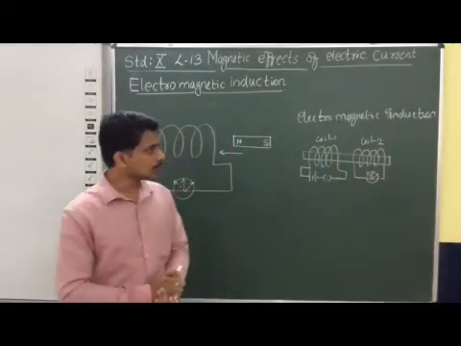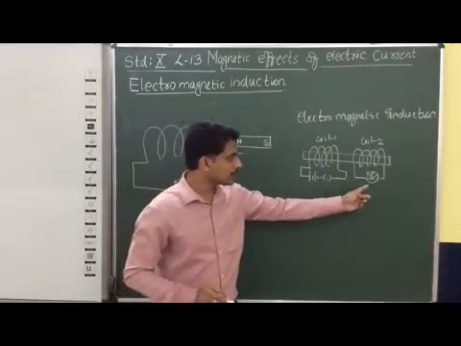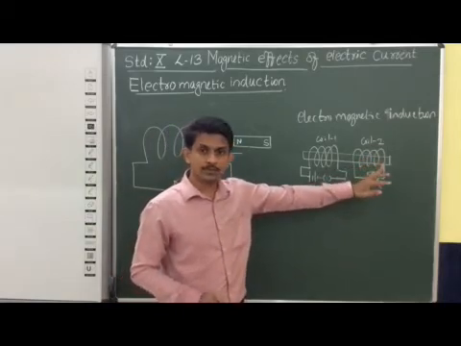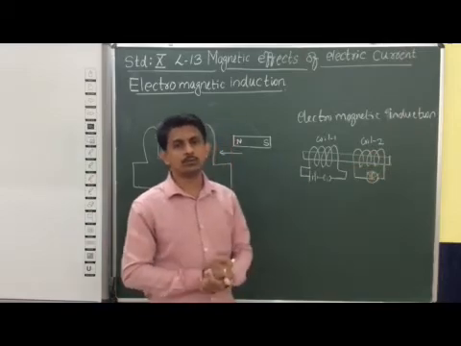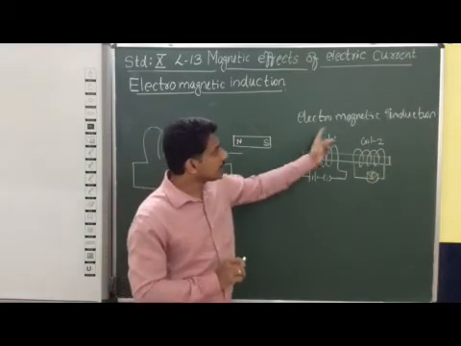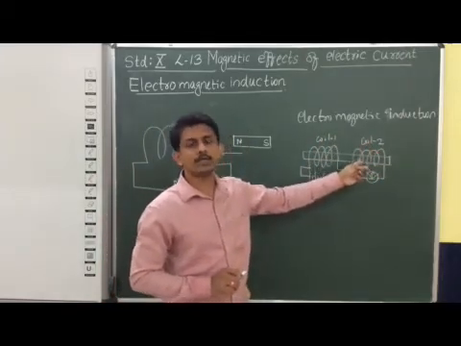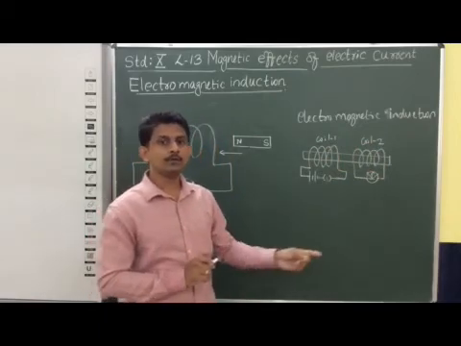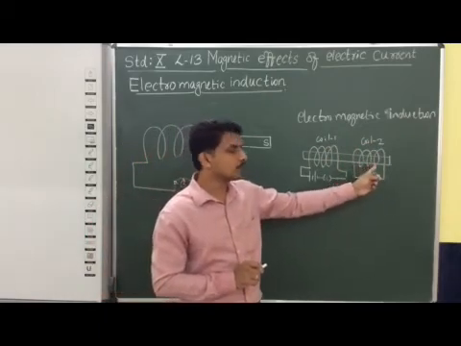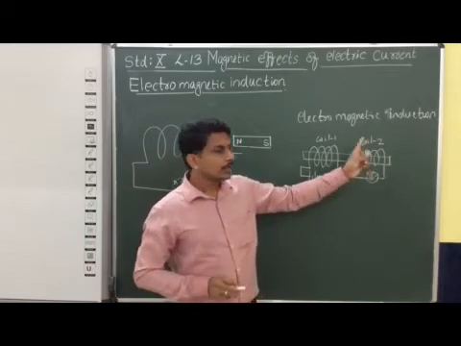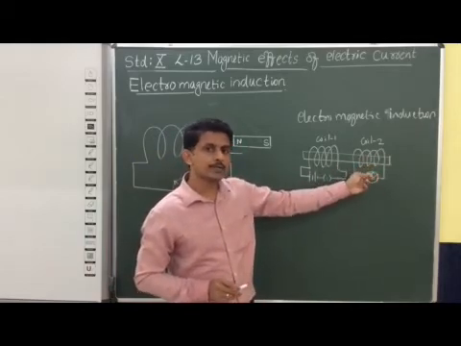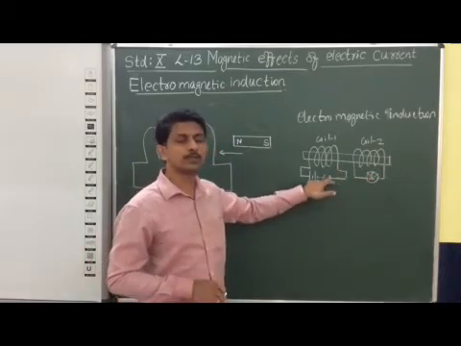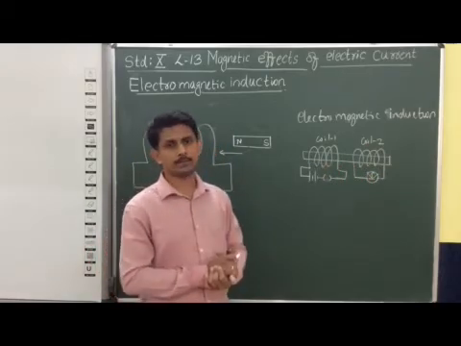So in this case also, the galvanometer is showing deflection. That means a current or EMF is induced in this coil too. This is the phenomenon we call electromagnetic induction, the phenomenon of inducing current in this coil. Here current is induced in this coil due to the change of current passing through the first coil.